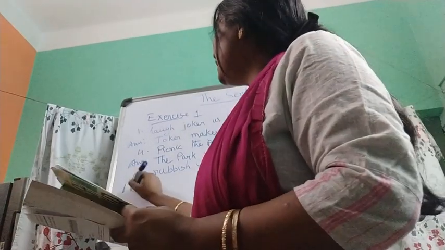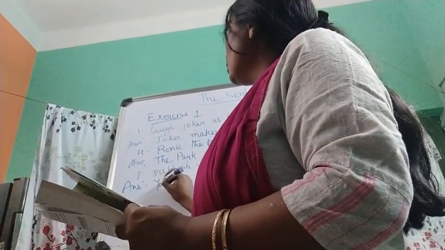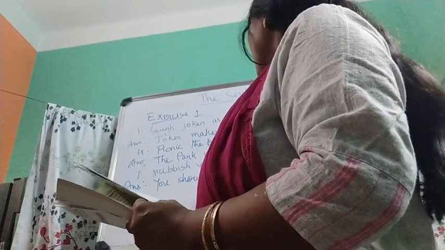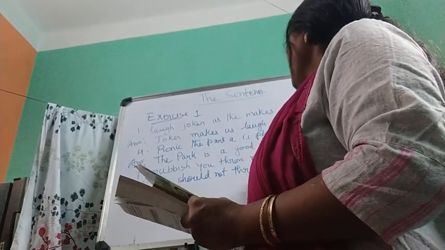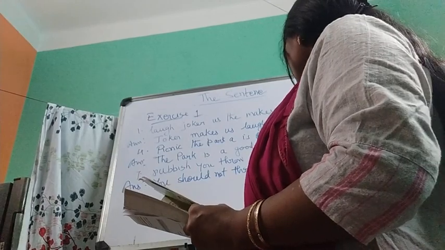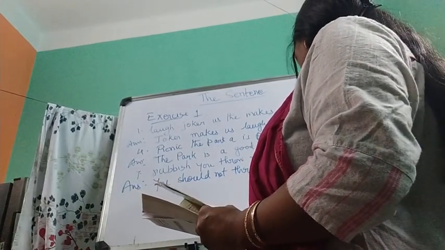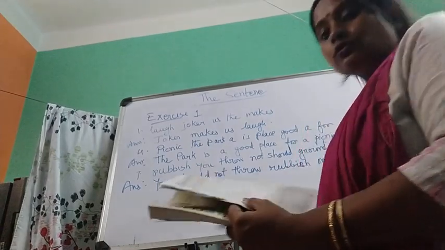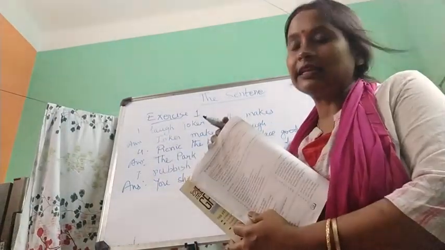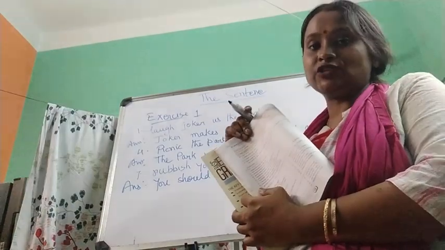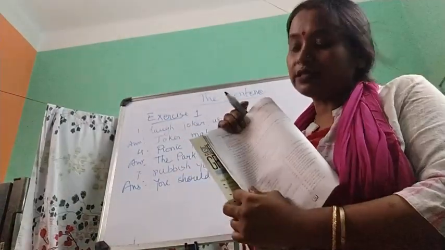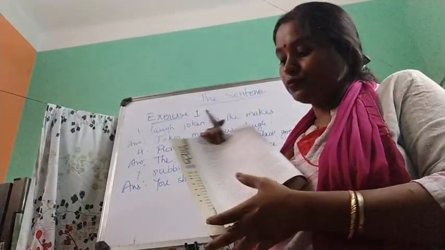And the answer would be, you should not throw rubbish on the ground. Got it, students? Now the rest of the things, there are 10 exercises, 10 questions. I've done 3 for you, and the rest of the sentences you would do on your own.